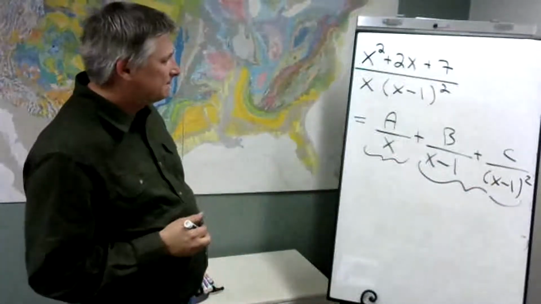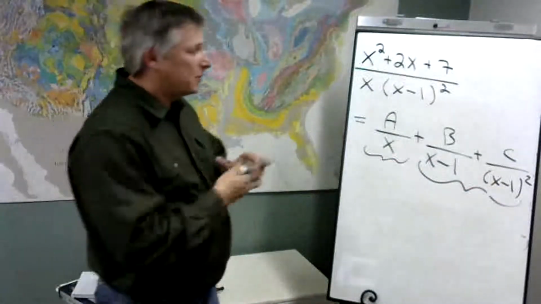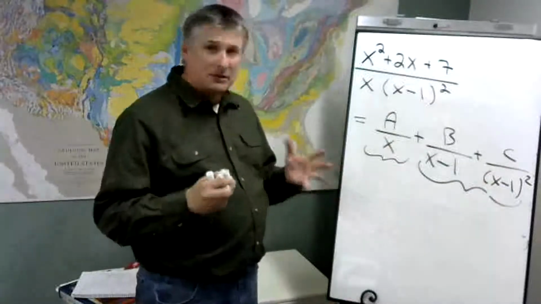All right. So again, we multiply through. We want to cancel these denominators.